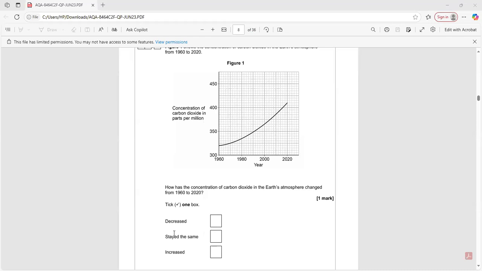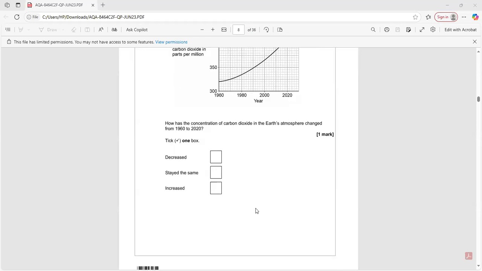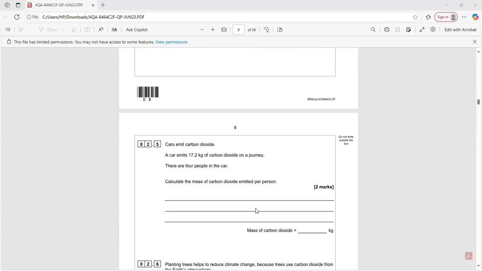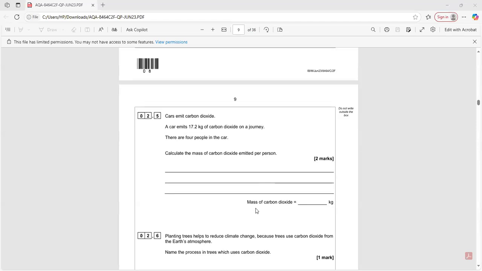Clearly, we can see that it has increased. There's no way it could have decreased or stayed the same. So the answer is increased, even though it looks like a curvy kind of increase. But yeah, it's increased.